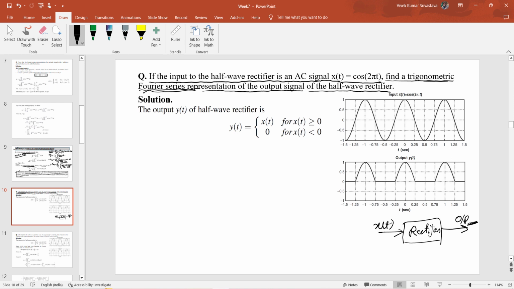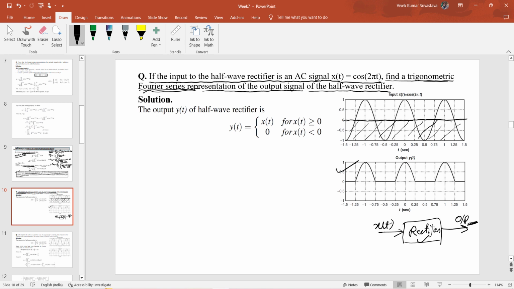As we know, once we apply x of t to the rectifier, it chops the lower half portion, which is below 0, and passes only the positive half cycle. The negative half cycle of this cos of 2 pi t is chopped by the rectifier. So the net signal that you are getting is this one. Now we have to find the Fourier series representation of this signal.